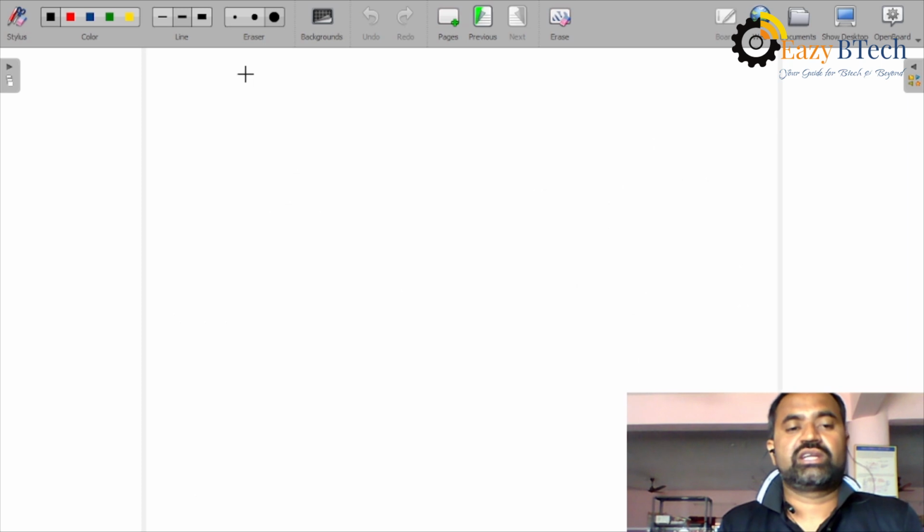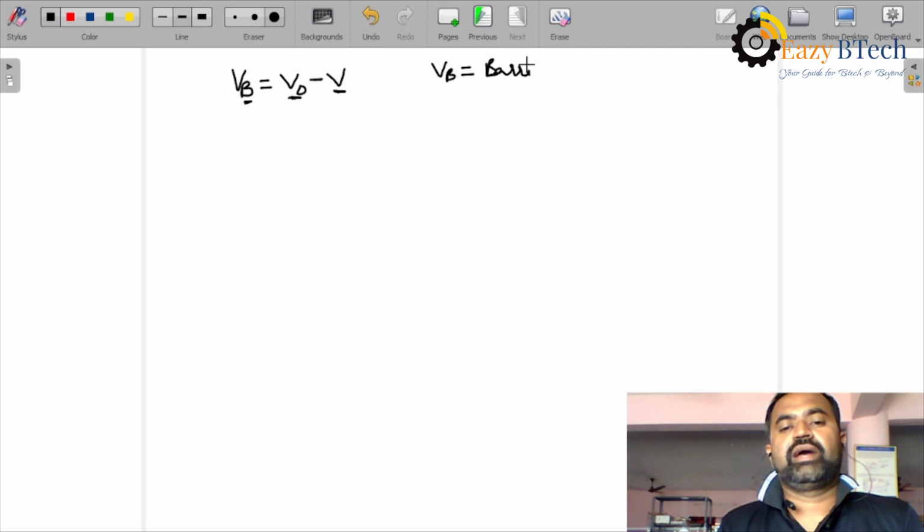Now you can see the statement how it is. Now we know the barrier voltage. Barrier voltage is equal to built-in potential minus applied voltage. This is a biasing voltage. Okay. VB is a barrier voltage. V0 is a built-in potential.